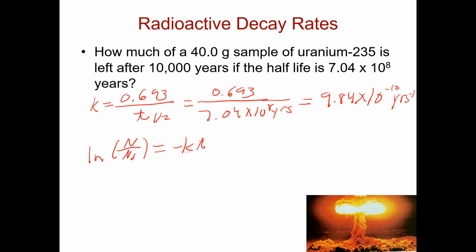So now I can plug in to my equation, and I start with a 40-gram sample. So this time I want to know how much remains. Times 10 to the negative 10th years.